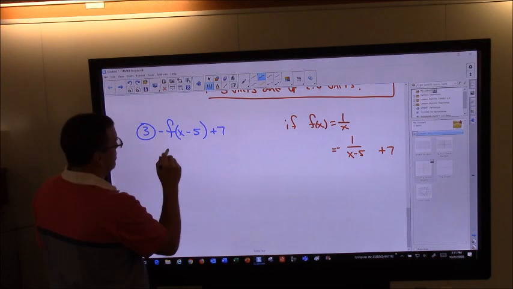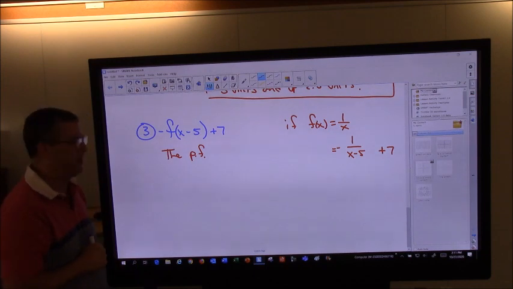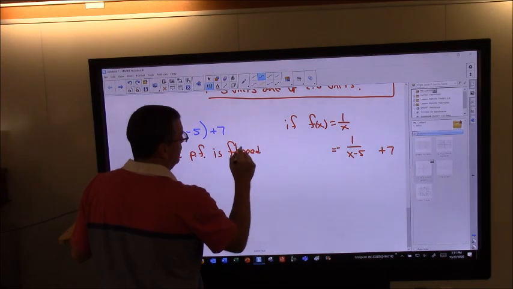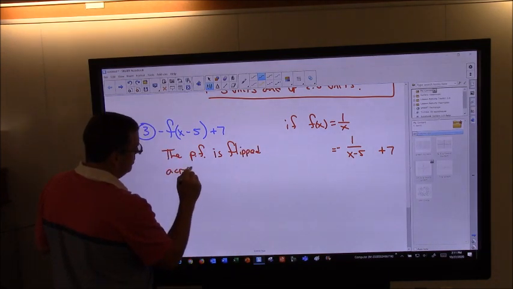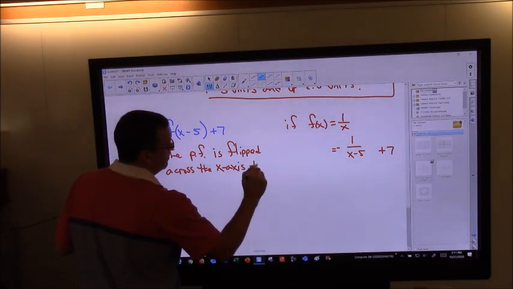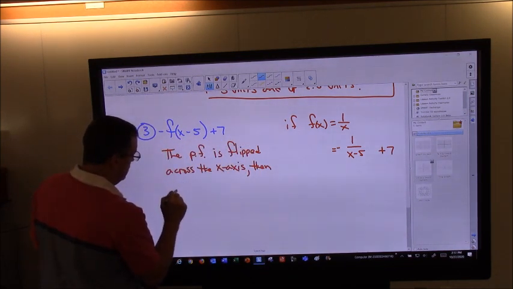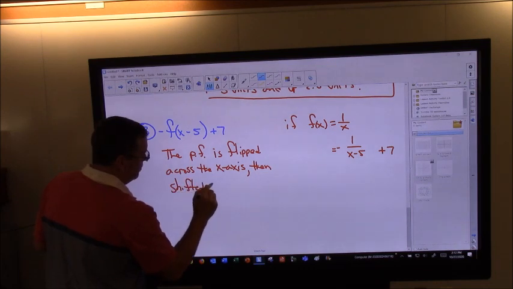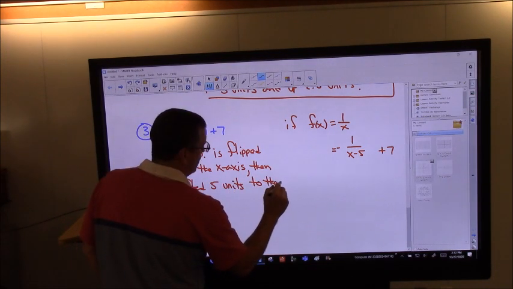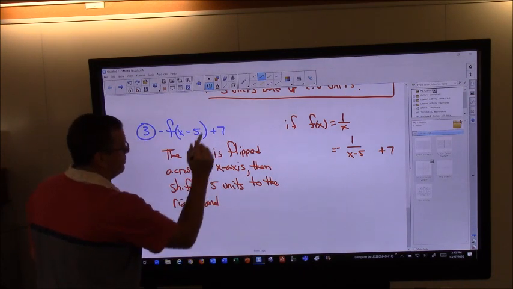So the parent function, I'm going to start abbreviating this PF for parent function, is flipped across the x-axis, then shifted 5 units opposite direction, so in the positive direction, 5 units to the right, and 7 units up.